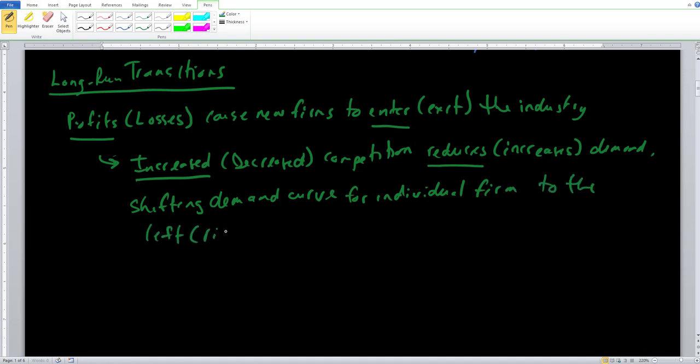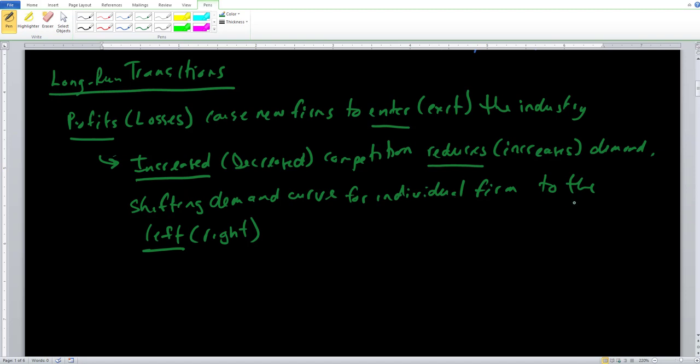And of course, opposite case is going to be on the right. So here, profits cause new firms to enter the industry. This leads to increased competition, which reduces demand, shifting the demand curve for this individual firm over to the left. And of course, vice versa. That's everything in the parentheses that we see right here. Losses cause firms to exit the industry. Decreased competition increases demand, shifting the demand curve for the individual firm over to the right.